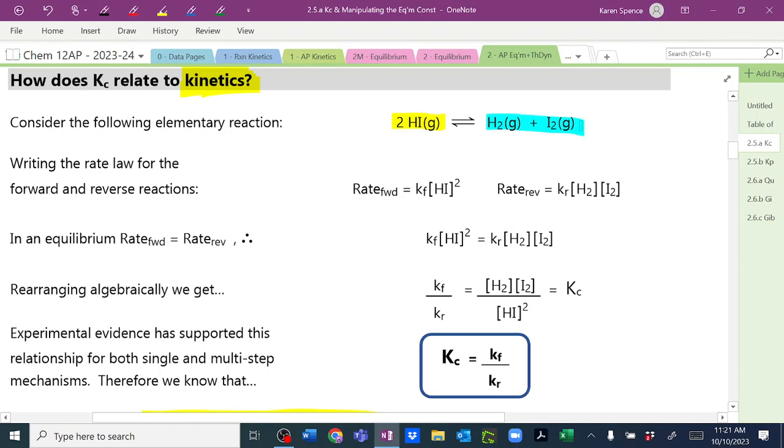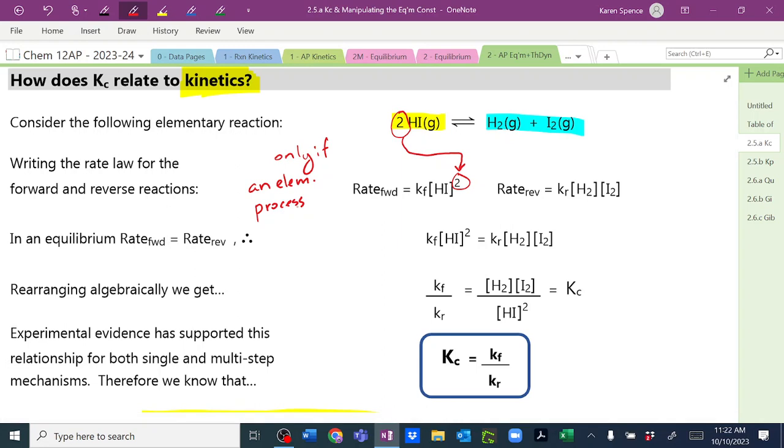Yes? Okay, so the rate of the forward reaction, because it's an elementary process, we can use the coefficients as exponents. Yes, this is from rate law. Are you remembering this?